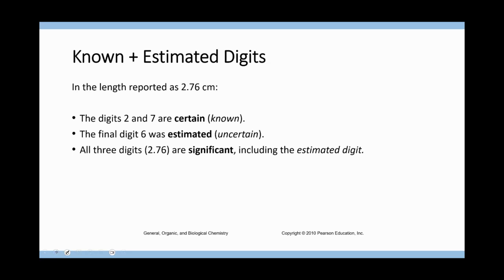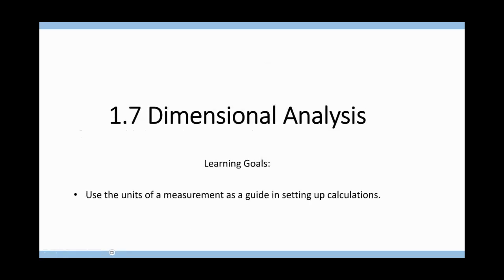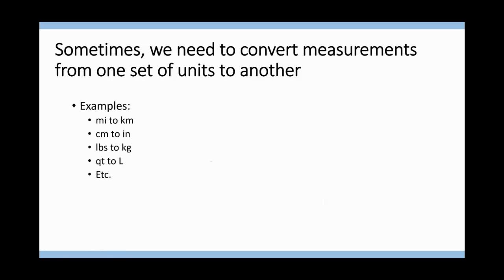Okay, so that wraps up significant digits, and we're moving to section 1.7, which is titled Dimensional Analysis. The goal here is to use units of a measurement as a guide in setting up calculations and converting between different units. So sometimes we need to convert measurements from one set of units to another.